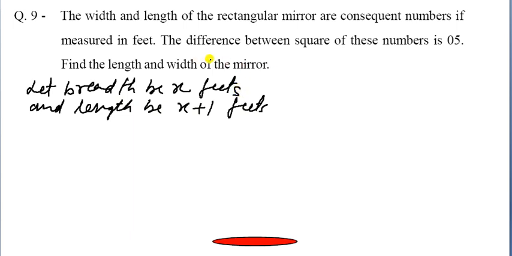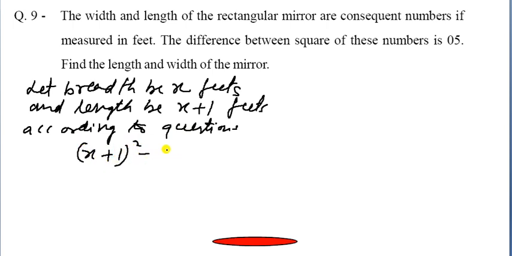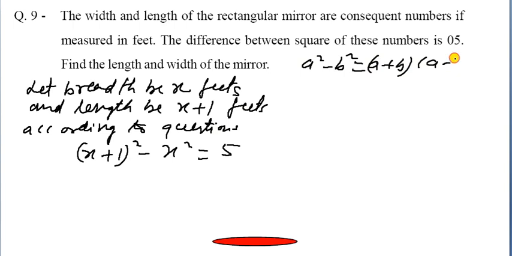So let us see what is the difference between the squares of these numbers. According to the question, it is x plus 1 whole square minus x square is given as 5. So it is a square minus b square, so we can use the identity: a square minus b square is equal to a plus b and a minus b.